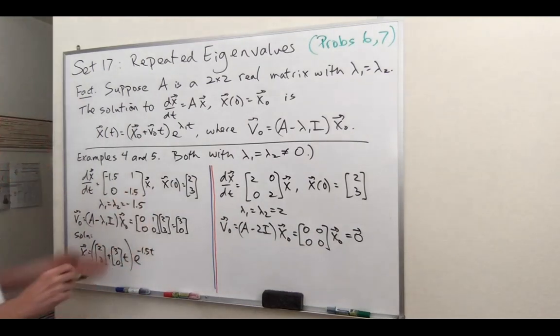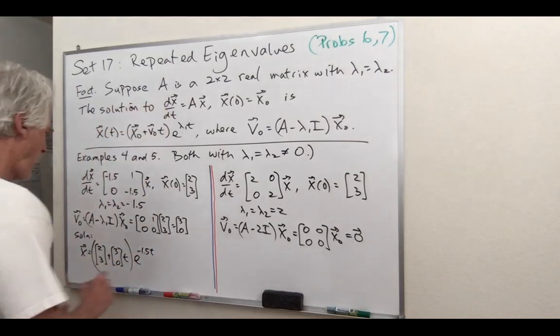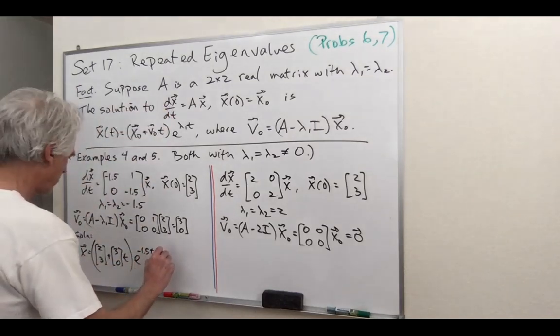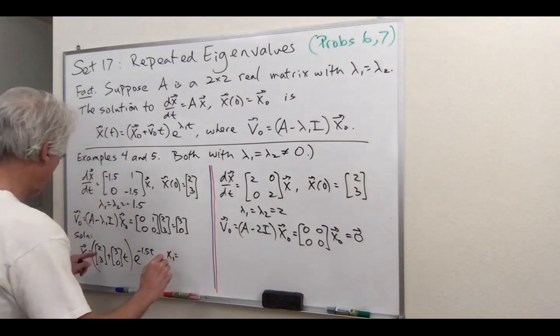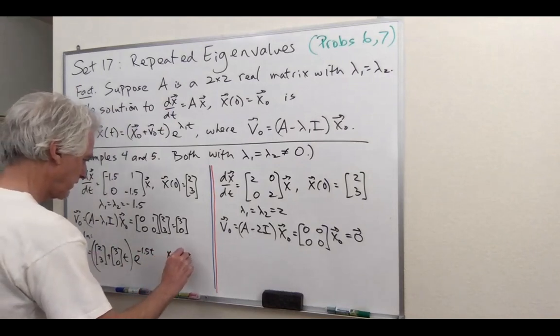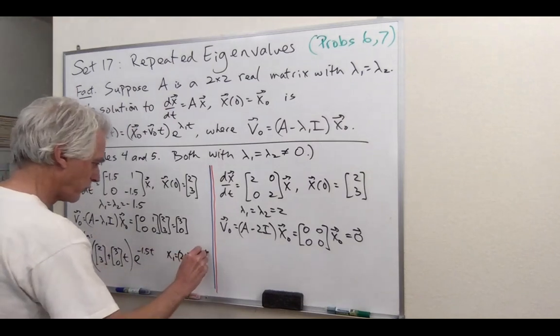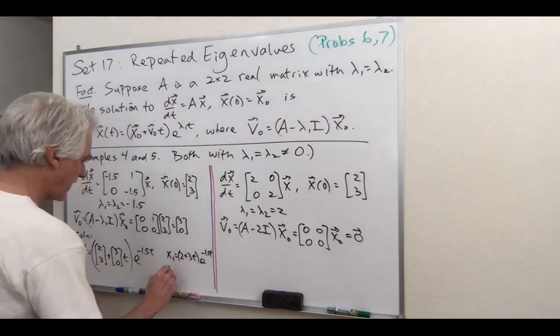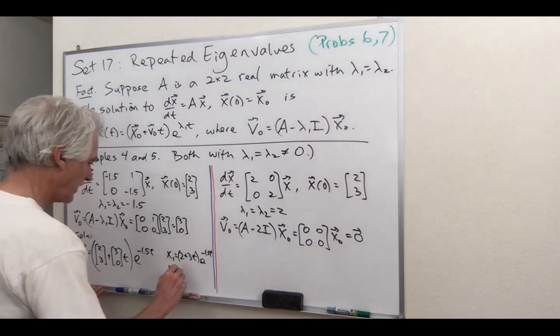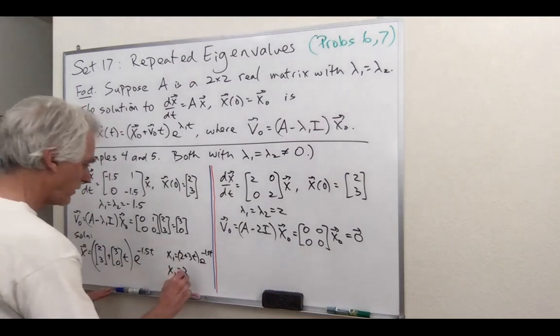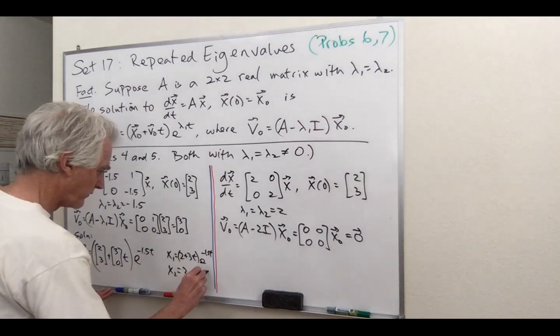Okay, this is a lot like problem 7. And they want you to enter that x1 is 2 plus 3t all times e to the minus 1.5t. And then x2 would be 3 plus 0, e to the minus 1.5t.